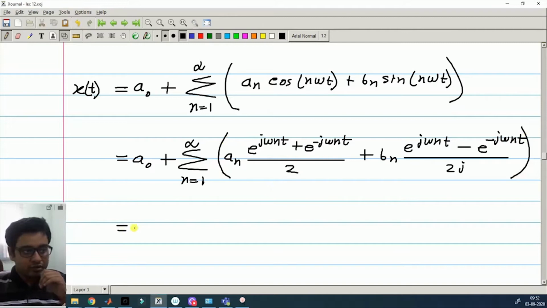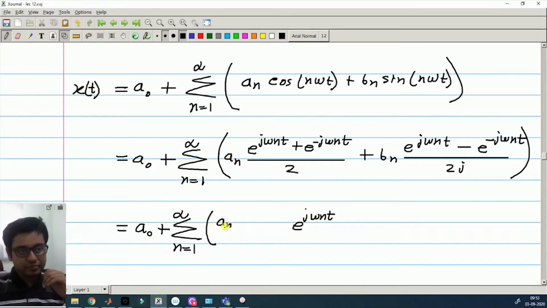Now you may write this by collecting e to the power j omega n t from here and here together: e to the power j omega n t multiplied with an by 2 plus bn by 2j.